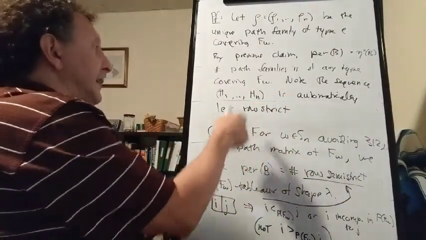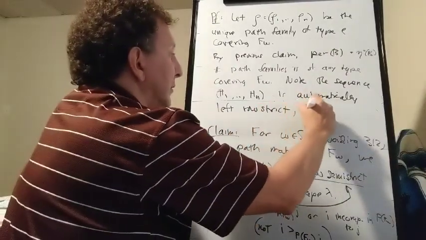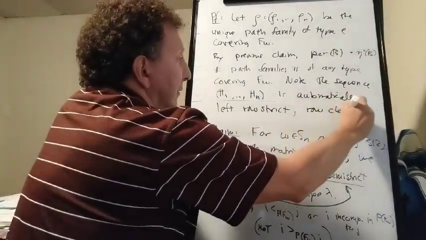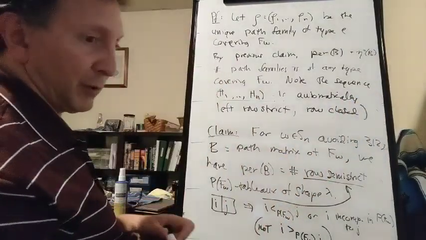And the sink indices are going to be some permutation of 1 through n, so it's automatically row closed. So we're really just counting path families. We don't need to say left row strict and row closed.